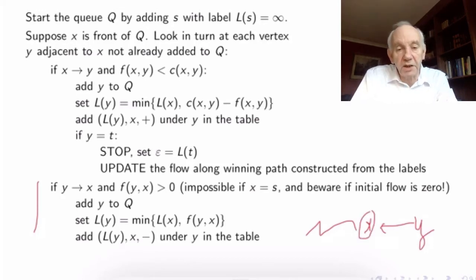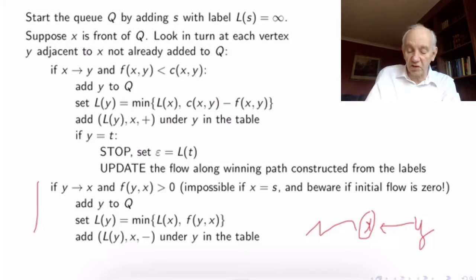Do we add Y to the queue? Well, we do add Y to the queue, provided there is non-zero flow coming from Y to X. So we have to ask ourselves, is there non-zero flow on this edge?